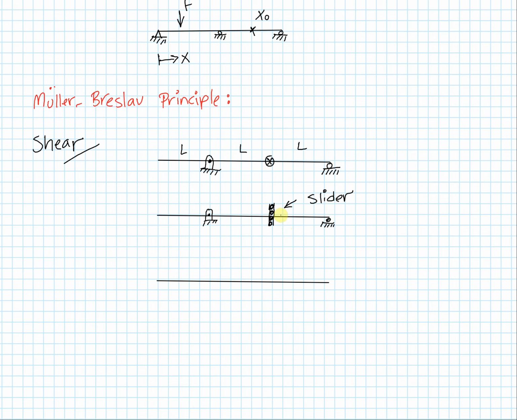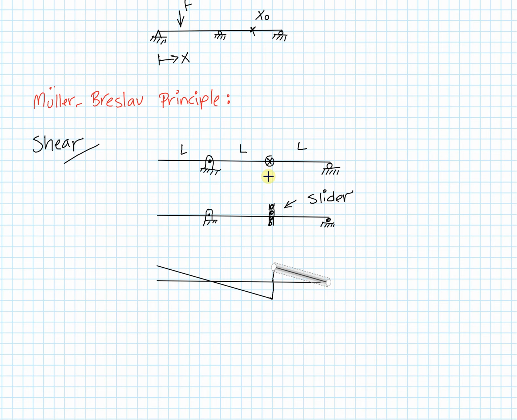On the right side of the slider, we're going to move the structure up. Here it is. At the locations of the pin, we're not going to have any motion. Pin does not allow motion. And at the location of the roller, we're not going to have any vertical motion. So here it is. We've introduced a slider that resulted in a vertical sliding in our beam.